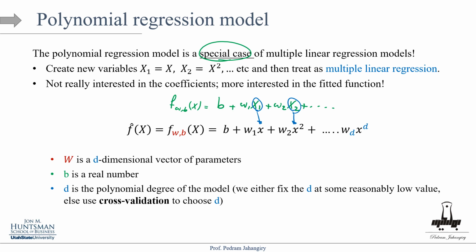So for example, you can think of one of those features. Imagine we have education, right? If I add education to the power of 2 to the model, to the power of 3, 4, and so on, this is our polynomial regression model. What is really important in polynomial regression models is that we are not really interested in the coefficients themselves, i.e., we are not interested in interpreting this model, because what if I have, let's say, education to the power of 5, to the power of 6, to the power of 10?